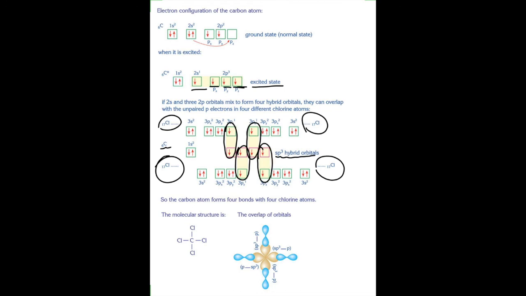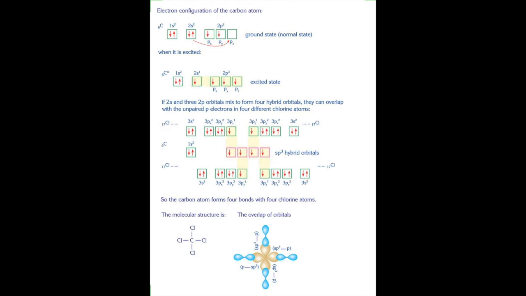And you can see this overlapping process. At the end, the molecular structure of carbon tetrachloride is like that, and the overlapping process is like that.